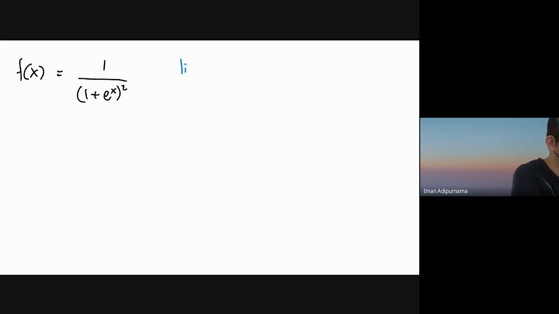We can check with limits. First, we can check the positive infinity. And I think this will result in 0, right? So y equals 0 is our horizontal asymptote.